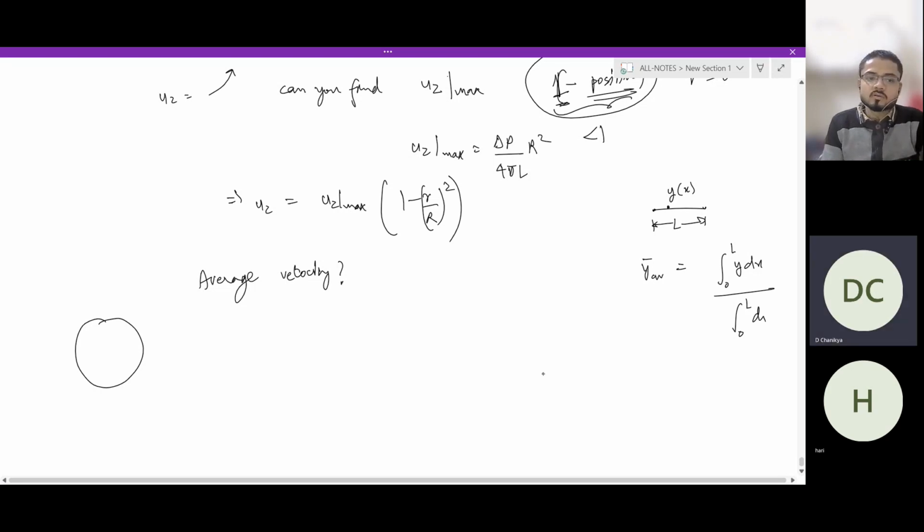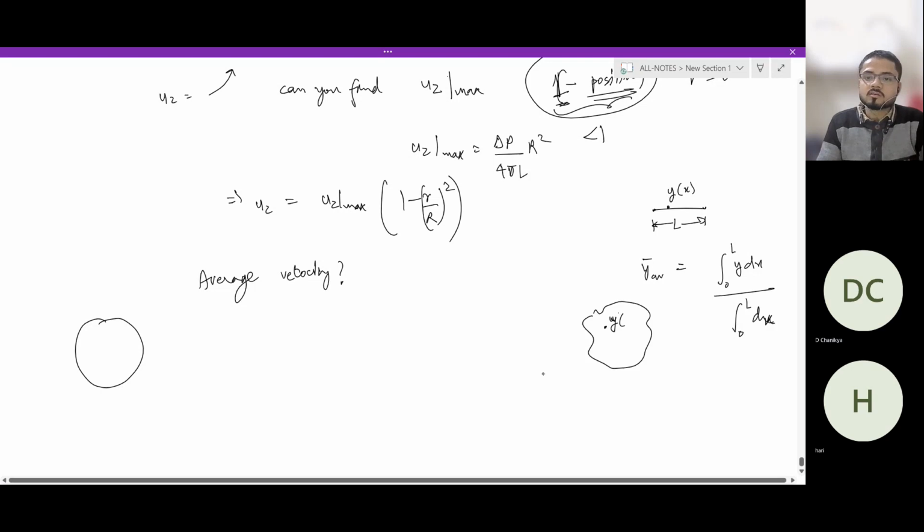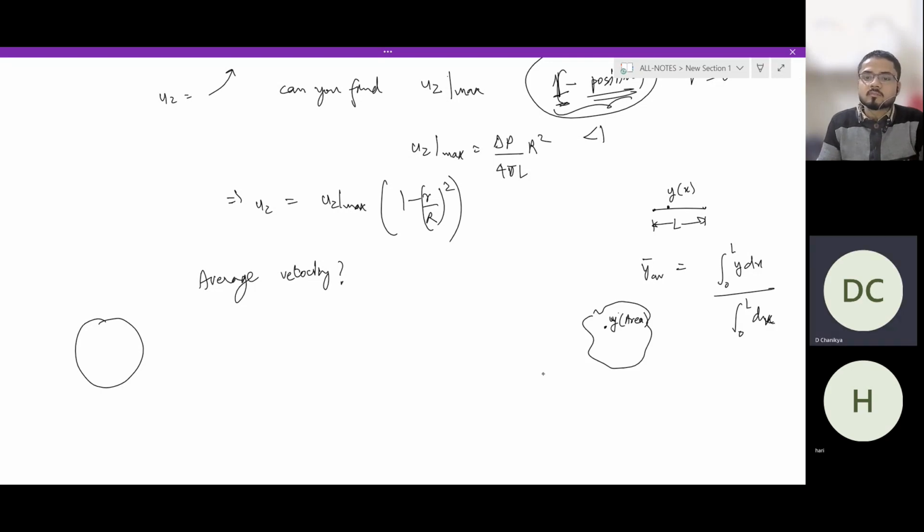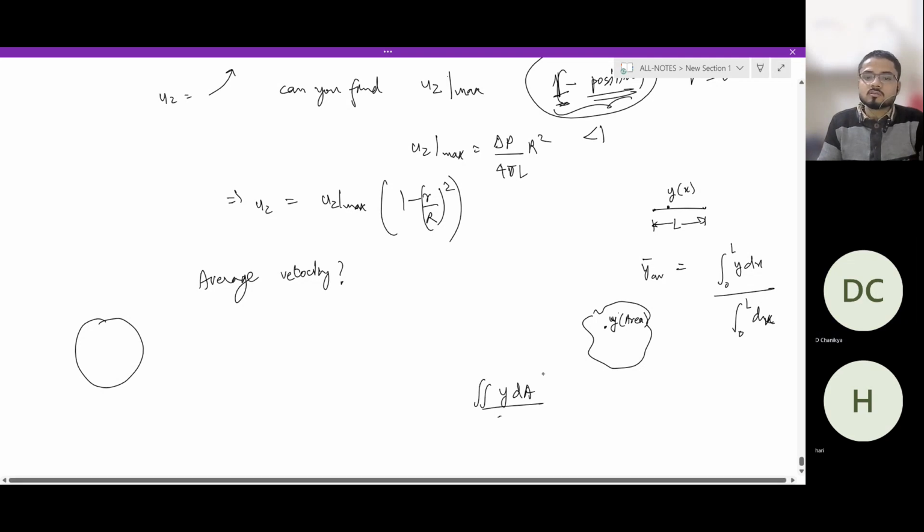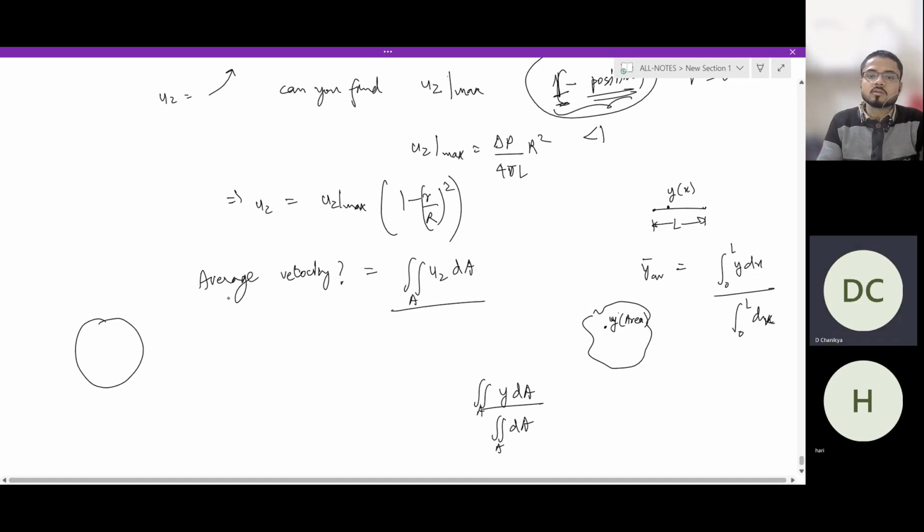So similarly, for an area, you have a certain y over the area, so you use the double integral. The average velocity is the double integral of Uz dA divided by the double integral of dA, right?